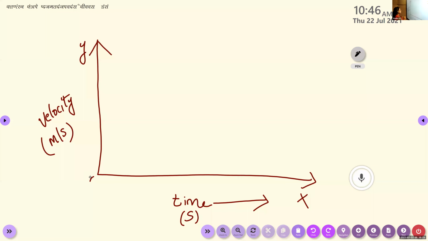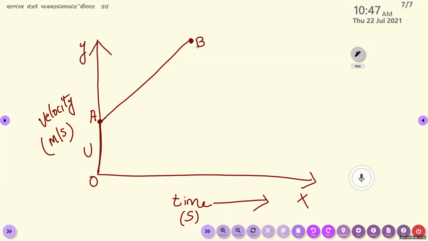Here we have the origin O. Initially, the object is moving with an initial velocity U and it reaches the point A. Then it increases its velocity uniformly and reaches the point B. So at B, the velocity of the body becomes V, that is the final velocity.